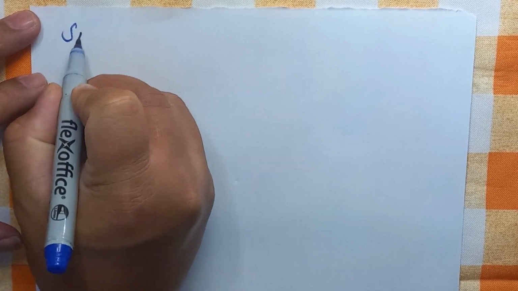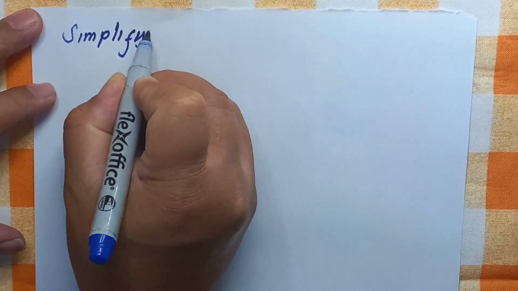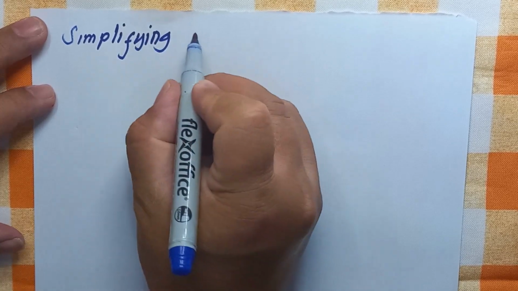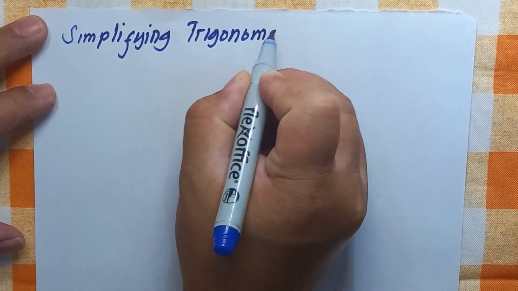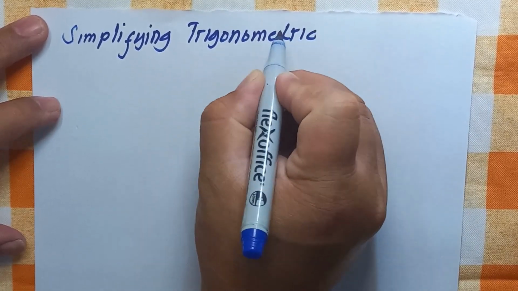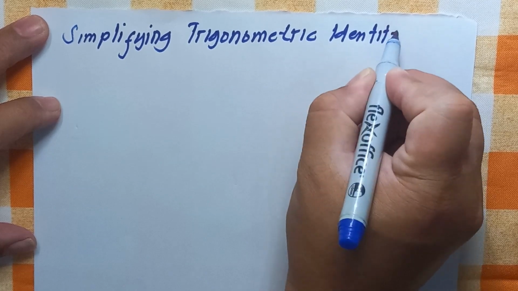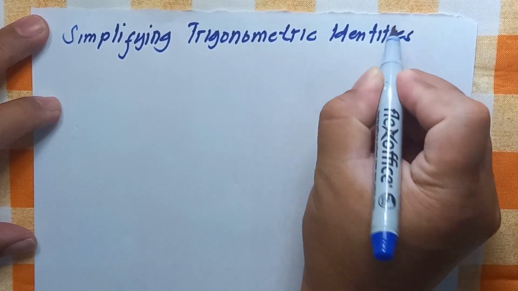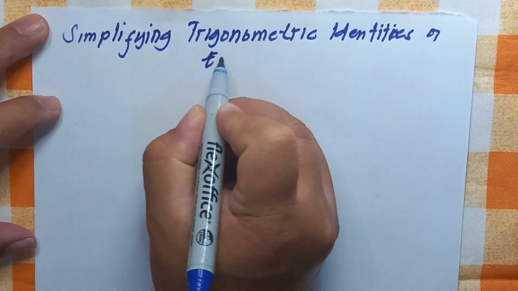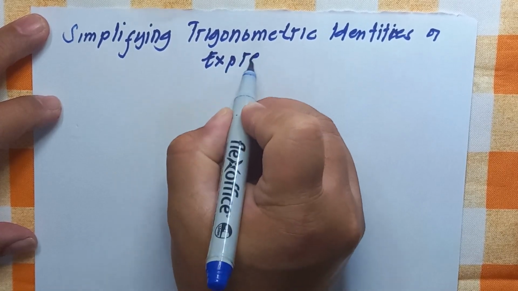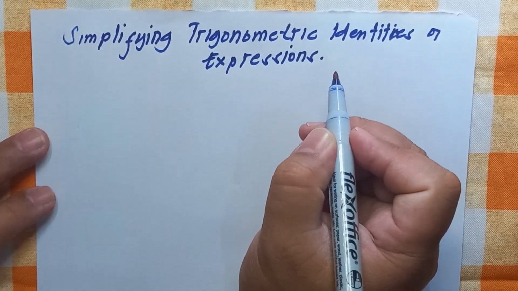So the title is simplifying trigonometric identities or expressions. So this is what we are going to do.